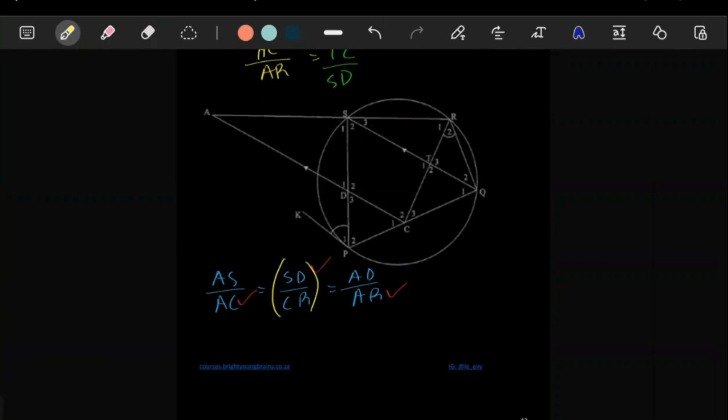You don't want to choose randomly. So let's see, what would justify choosing AD over AR? Those are two lines on two separate sides, but then AS and AC is also the same thing, two lines on two separate sides.